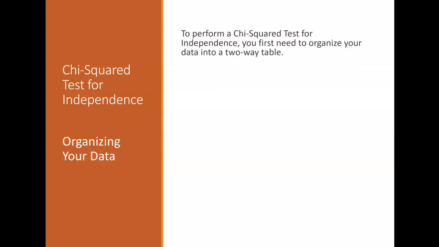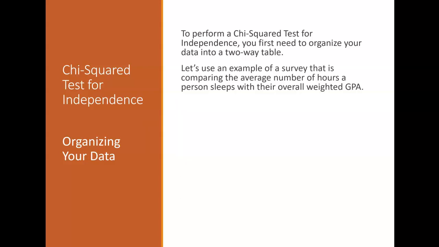So first thing we need to do is organize our data into a two-way table. So let's say we have a survey comparing the average number of hours a person sleeps with their overall weighted GPA. This sounds familiar.